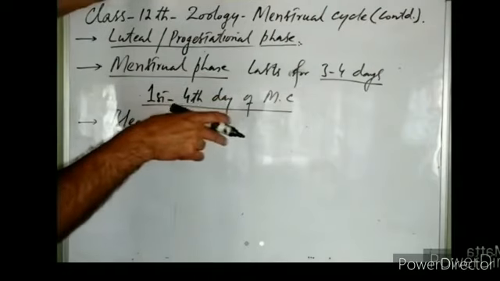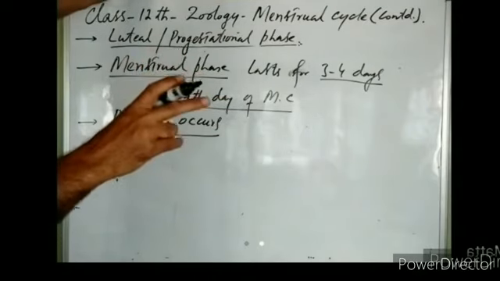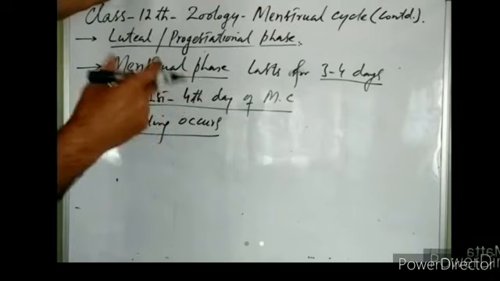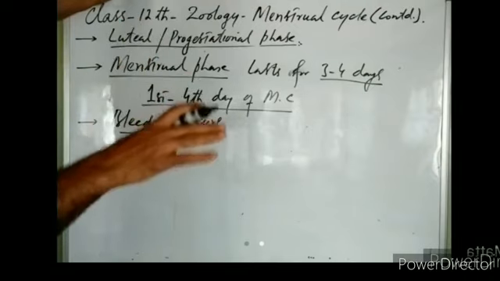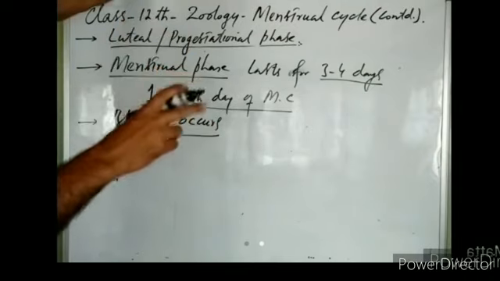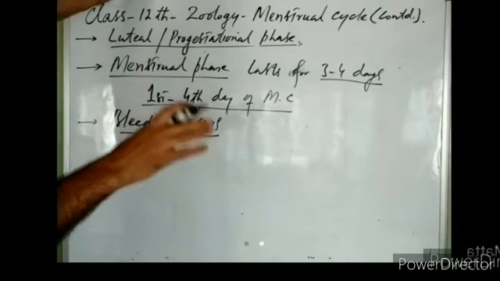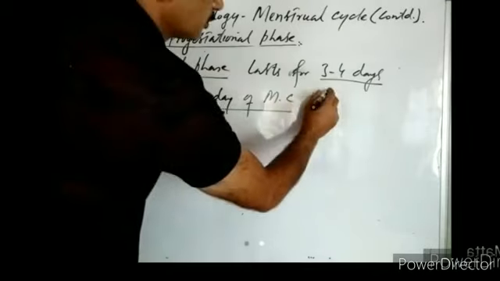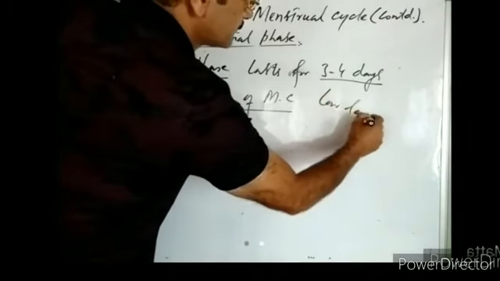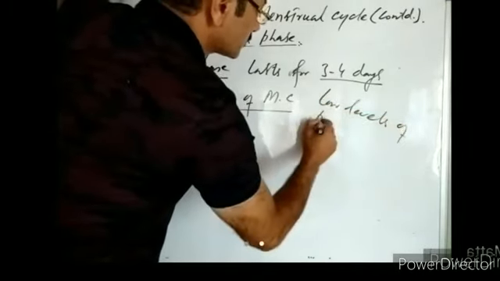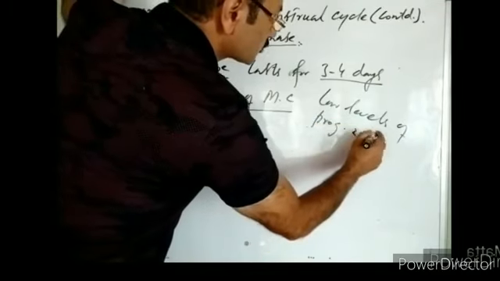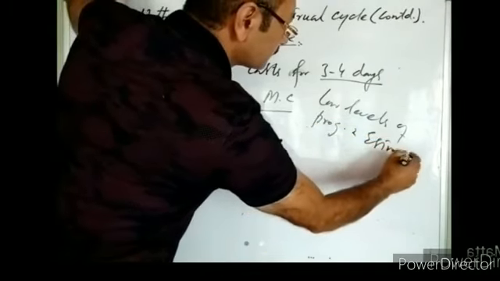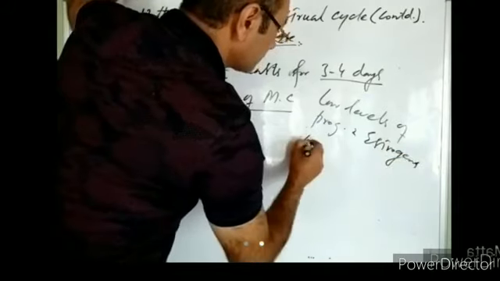As I told you just now, when the corpus luteum is not maintained, progesterone and estrogens are not secreted. Levels of progesterone and estrogen suddenly fall in blood.